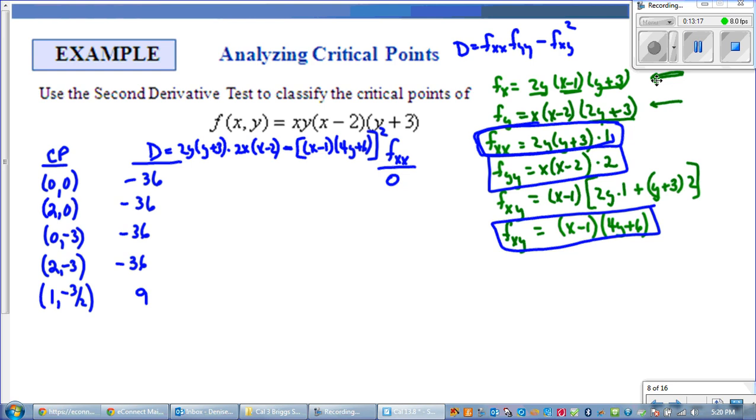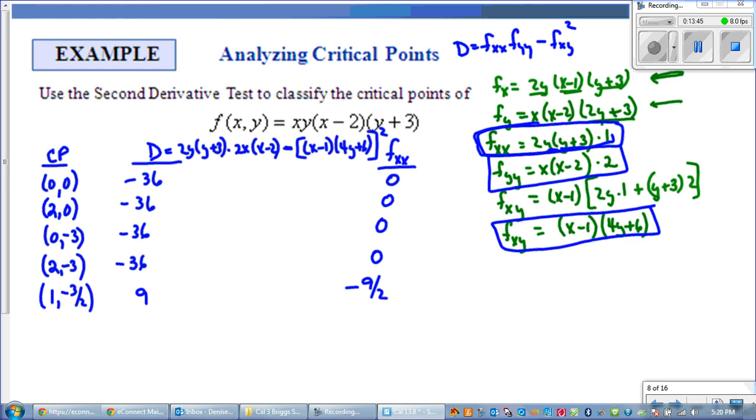At (2, 0), with the y is 0, it's going to be 0 again. At (0, -3), it will be 0 again. At (2, -3), it will be 0 again, because now the y value is making this one 0. And the last one, at (1, -3/2), the f sub xx comes out to be negative 9/2.